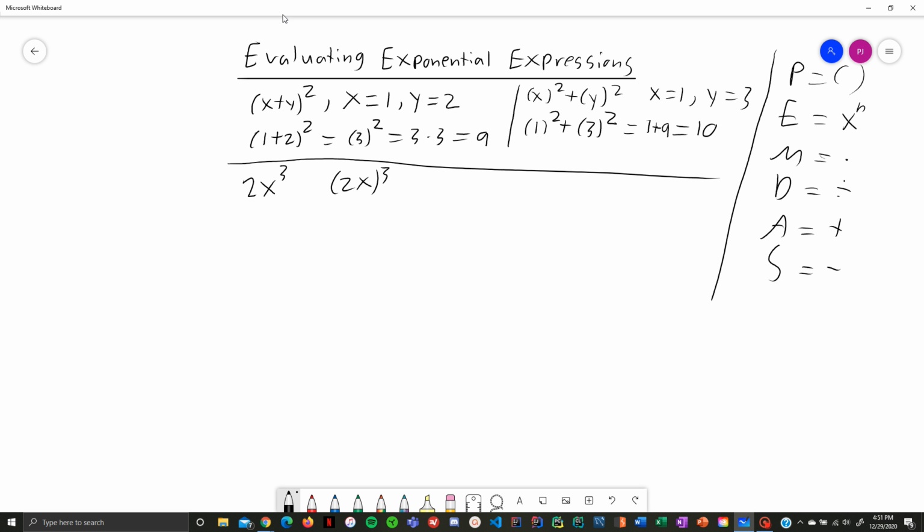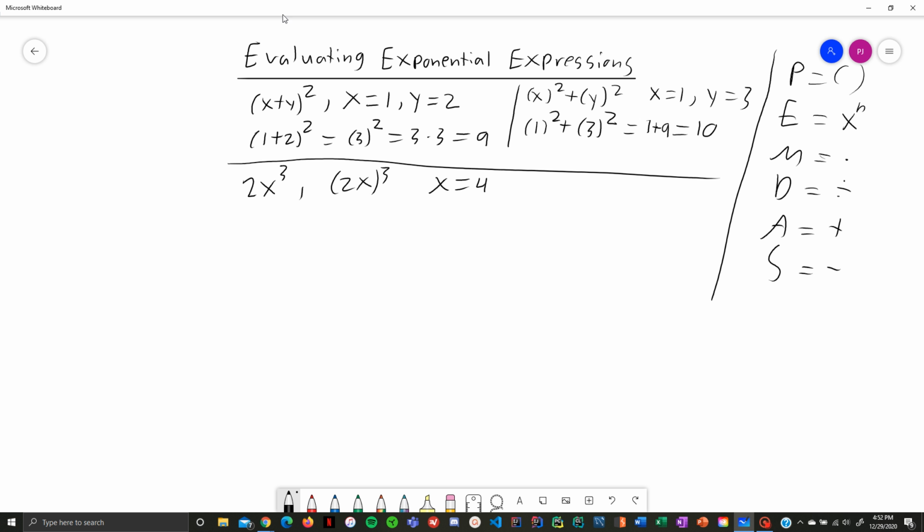Now taking a look at these, these are actually two very different problems for a couple of reasons, which makes them two separate problems. So first of all, let's solve when x is equal to, we'll use 4 for this example. So in this problem, we have no parentheses.